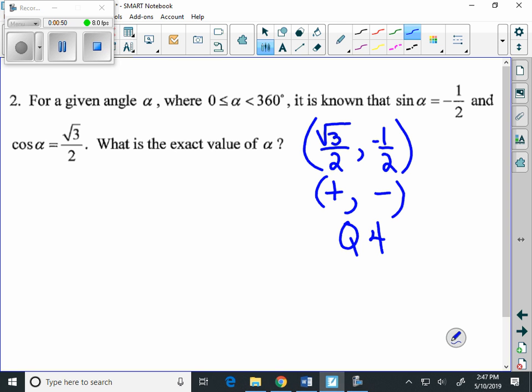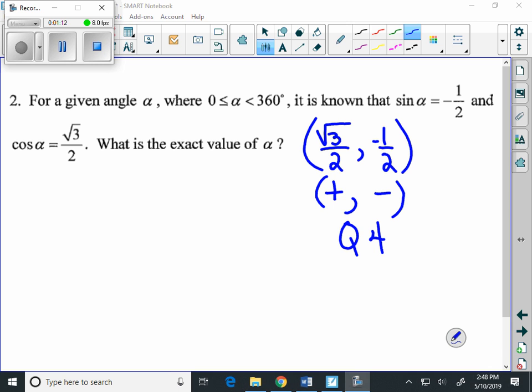So once we determine that, what we want to know is what are these values. Sine of alpha equals negative 1/2. What we're asking ourselves is, where does sine equal negative 1/2 in the fourth quadrant?